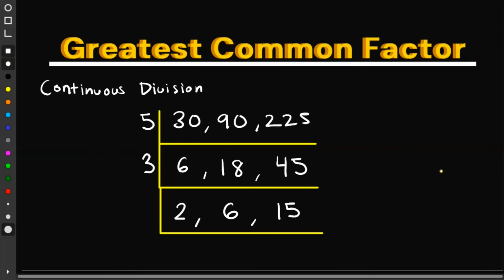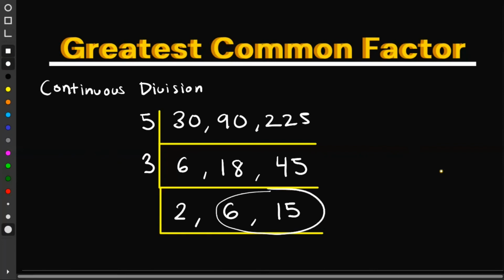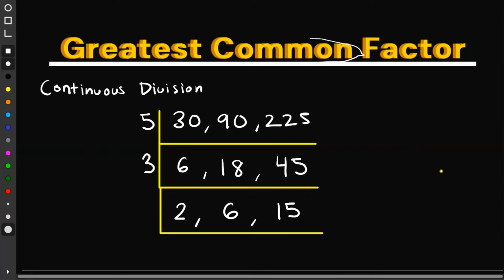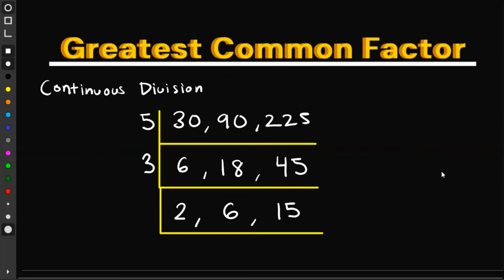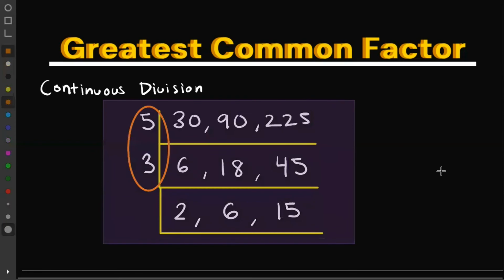Now observe that in the bottom part, there are no more factors that are common to all 3 of them. Even though the 2 and 6 have a common factor, we won't need to factor that out anymore, since what we are finding is the common factor of all 3. So we simply take these and multiply them.